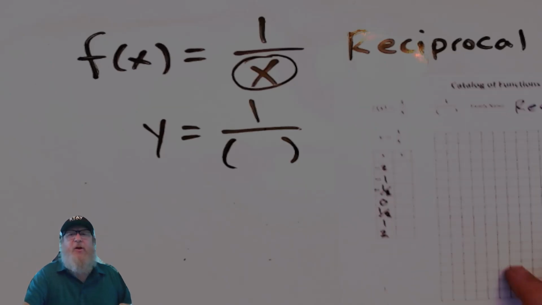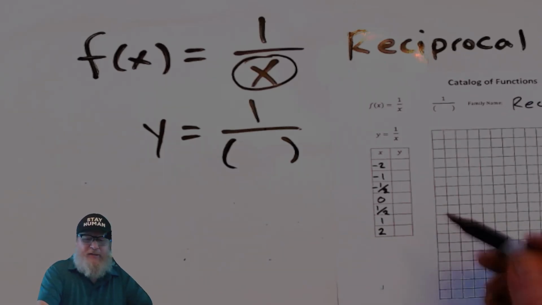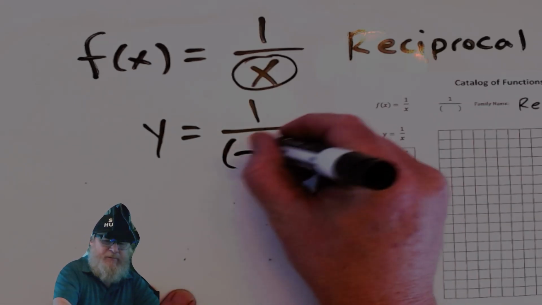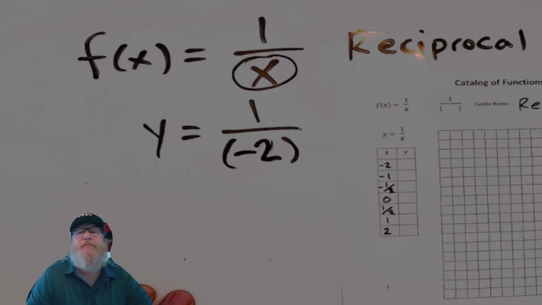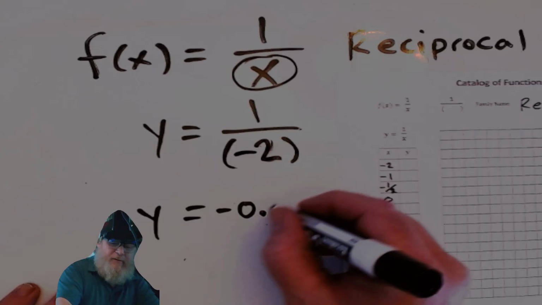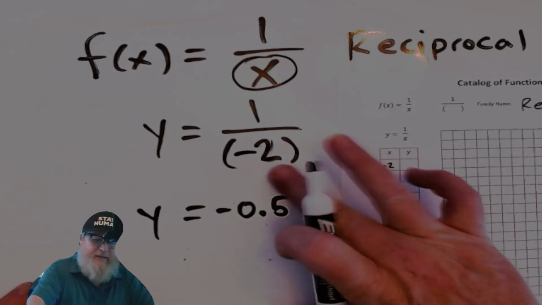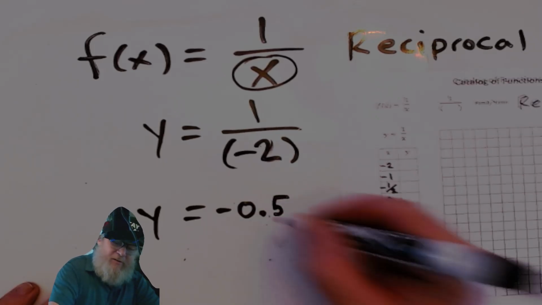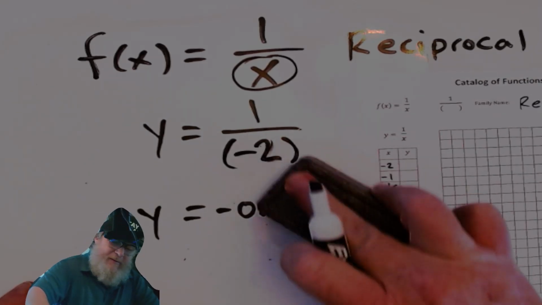All right, so let's go ahead and complete the table. Let's start with our first input. Our first input is -2. And so then the output, you can use a calculator if you like. You don't have to, though. I think you can do these by hand.